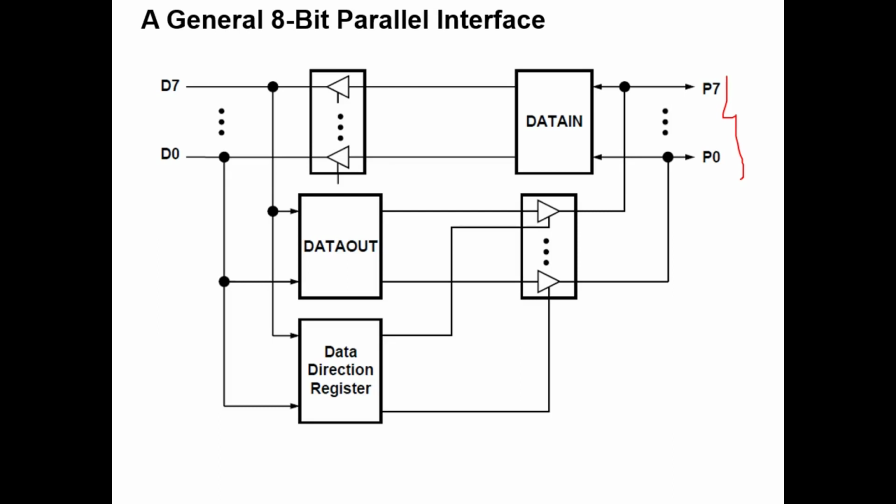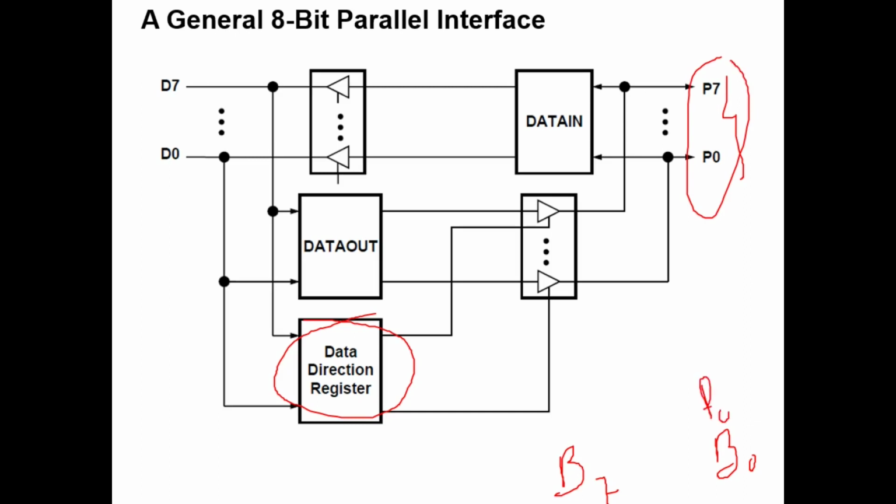That is done using the DDR register here, the data direction register. This DDR register has bits B0 to B7, that is an 8-bit register. They represent these port lines P0 to P7. So every bit B0 to B7 represents the direction of ports P0 to P7.